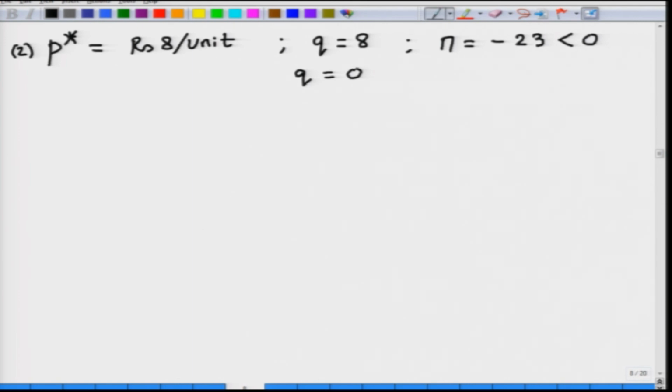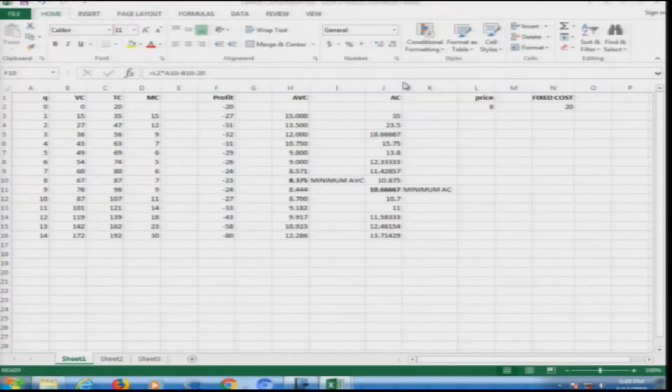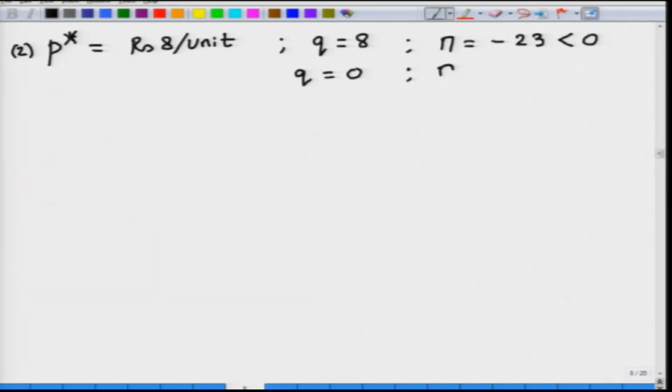In that case, the profit of the firm would simply be the total revenue, which is 0 because I am not producing, minus the variable cost, which is again 0 because I am not producing, but now the fixed cost of 20 stays. So, if the firm decided not to produce at all, the firm's profit would be minus 20, which means it would have a loss of 20. Now, clearly losing 20 is better than losing 23.